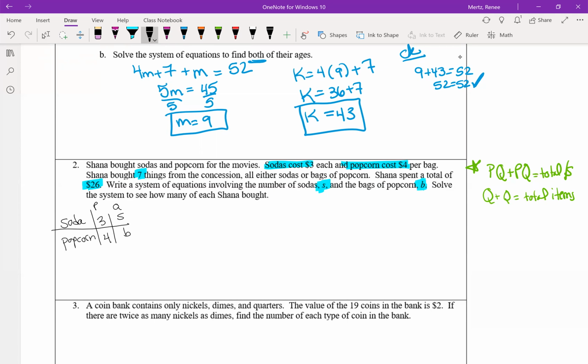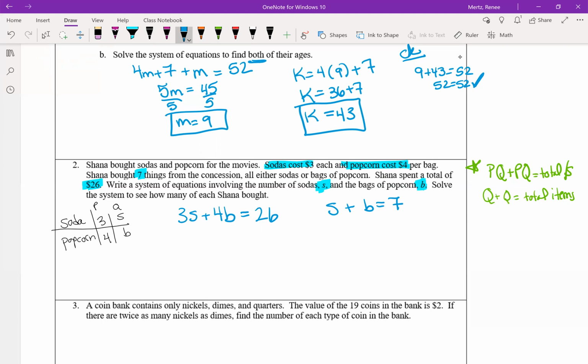So our price times quantity will be 3 times S plus 4 times B equals how much money, total money? Good, $26. How many items did we buy? We bought 7. So S plus B equals 7.